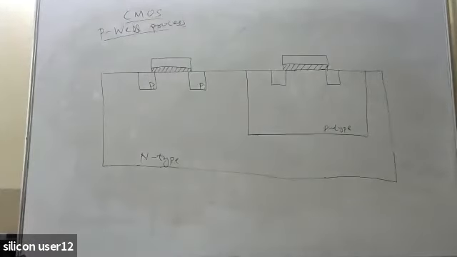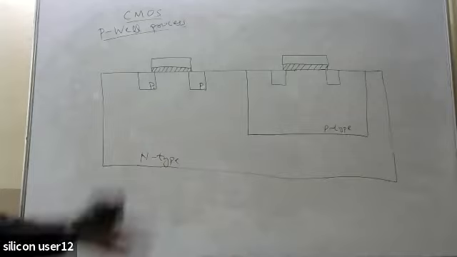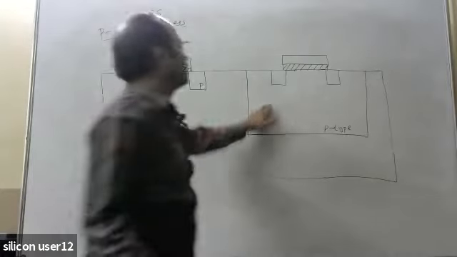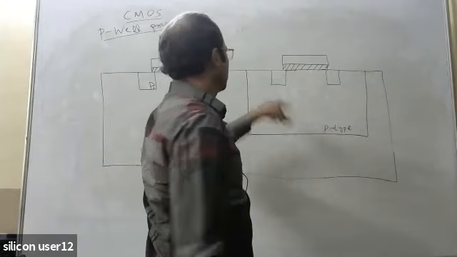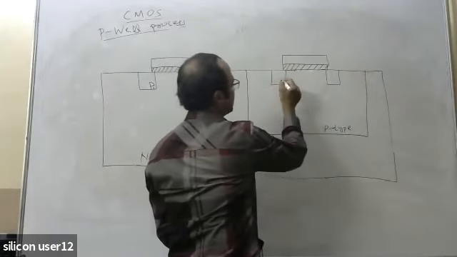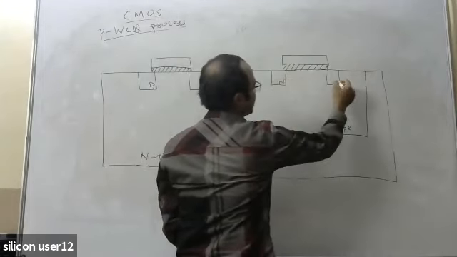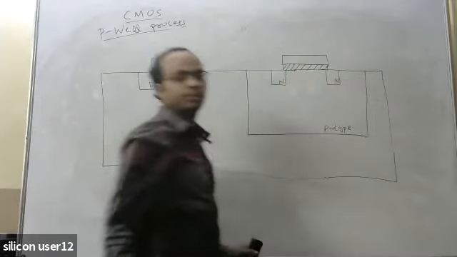So initially I have an N-type body, inside which I created a PMOS. After that, some portion of the N-type body is converted to P-type, and inside this P-type I have created an NMOS. The source and drain types are both N-type.